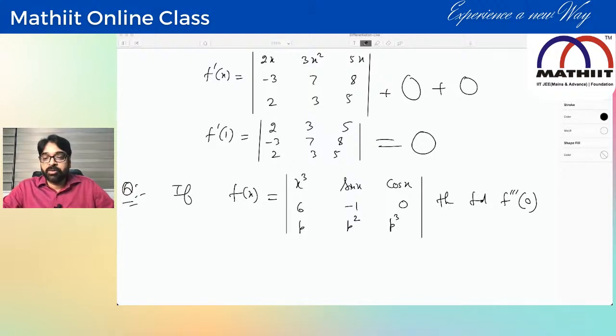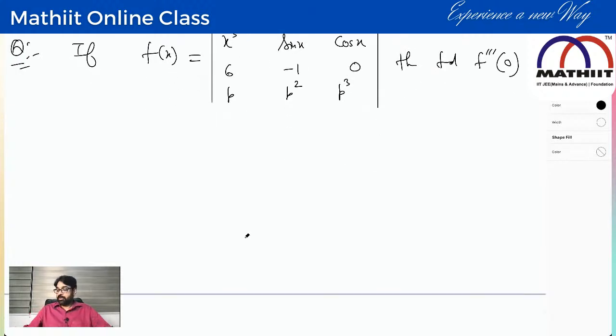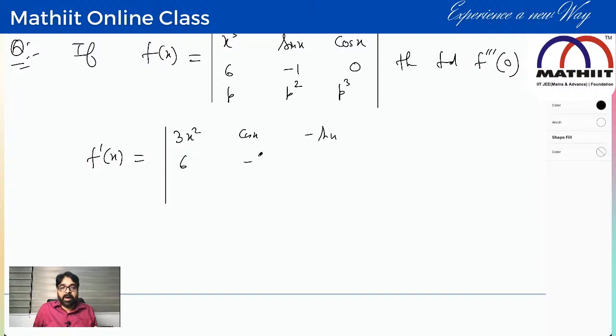Let me solve this question. I got a few people's answers, and I'm happy the correct answer is coming. Chalo bhai. F dash x, first derivative. First, differentiation of this row, rest remains same: 3x square, cos x, minus sin x, 6, minus 1, 0, p square, p cube.